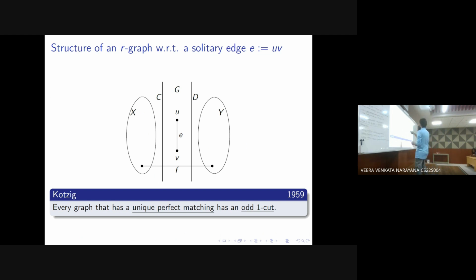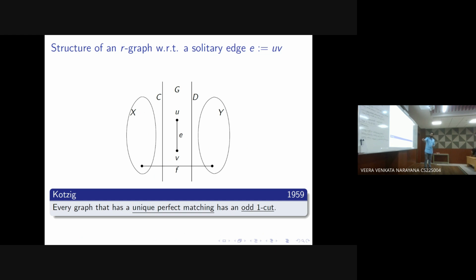The number of edges going outside from u is r minus 1, and this is also r minus 1 because e is already here. The number of edges going out from X other than e, f is at least r minus 1. If you do the math, you will realize that the size of cut C is r and the size of cut D is also r.